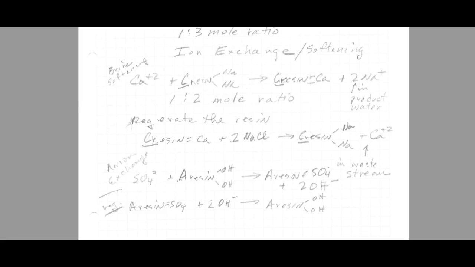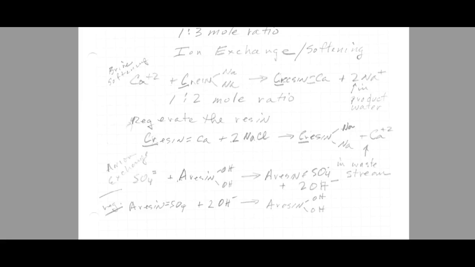So for removing sulfate, for example, with an anion resin, the resin is in the hydroxyl form, so it takes 2 hydroxyls to remove 1 sulfate. Now, if you're removing the chlorides, then it would be 1 mole of chloride per mole of hydroxide.